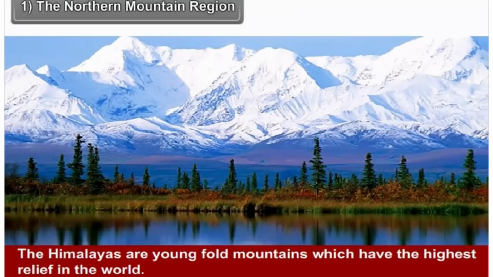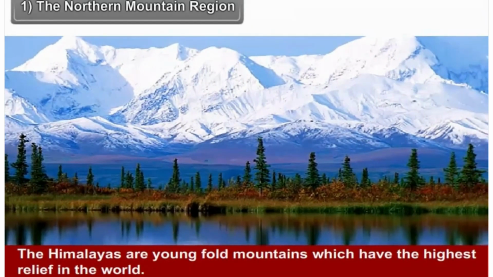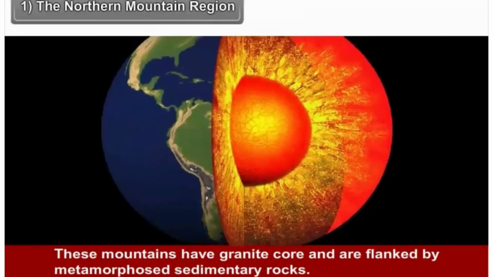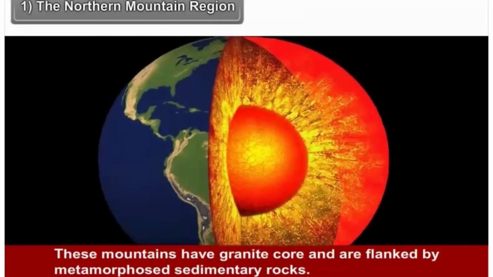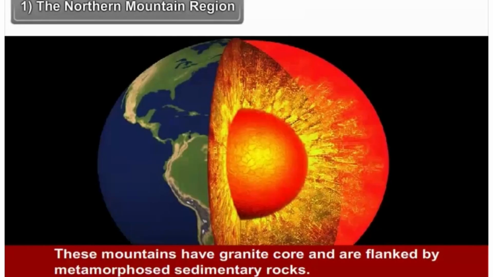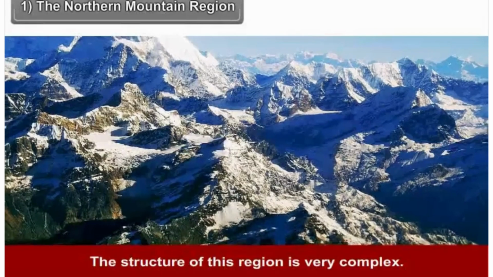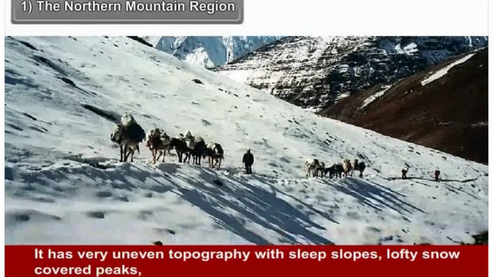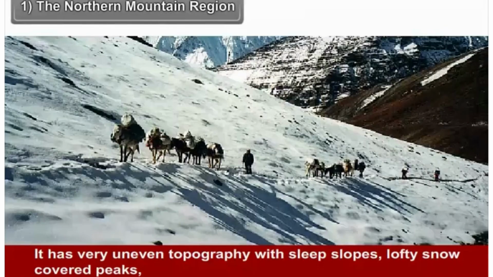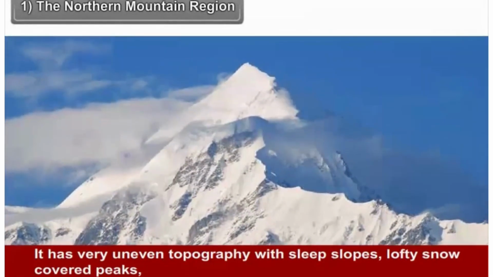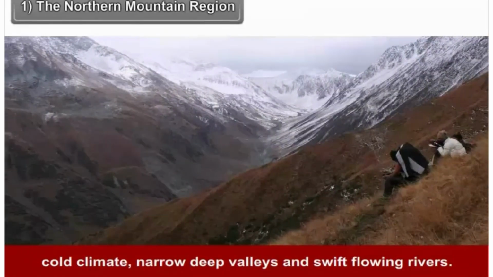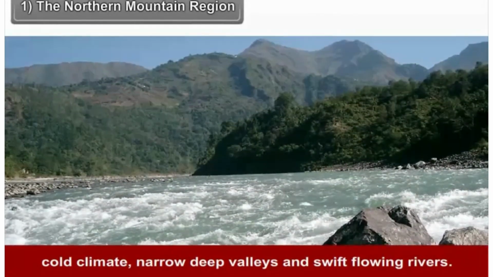1. The Northern Mountain Region. The Himalayas are young fold mountains which have the highest relief in the world. These mountains have a granitic core and are flanked by metamorphosed sedimentary rocks. The structure of the region is very complex. It has very uneven topography with steep slopes, lofty snow-covered peaks, cold climates, narrow deep valleys, and swift flowing rivers.